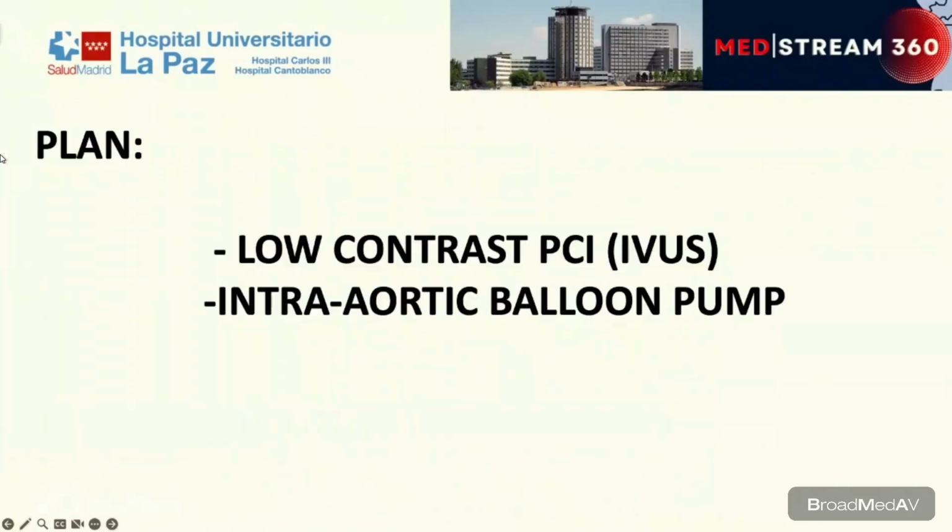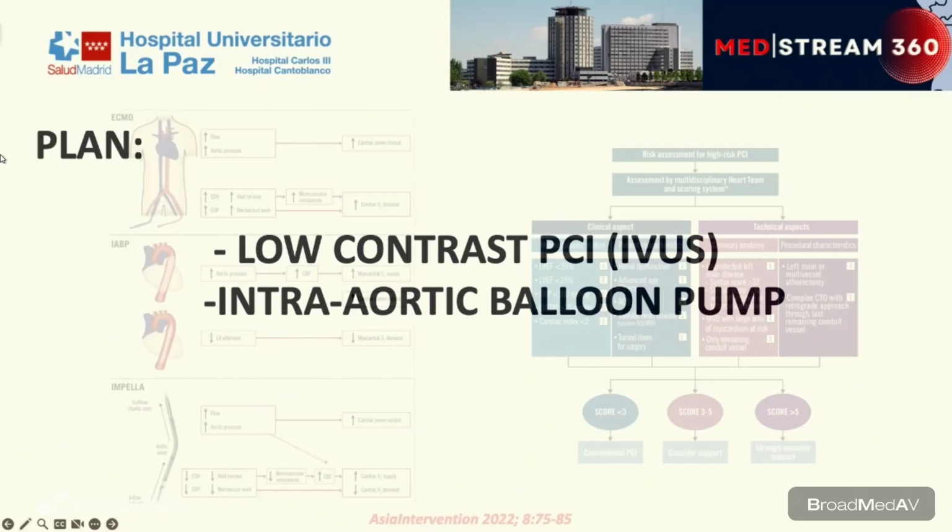So we are going to do also a low contrast PCI guided by IVUS, because of the severe kidney dysfunction that the patient has, and we are going to support the angioplasty by an intra-aortic balloon pump because of the severe dysfunction.